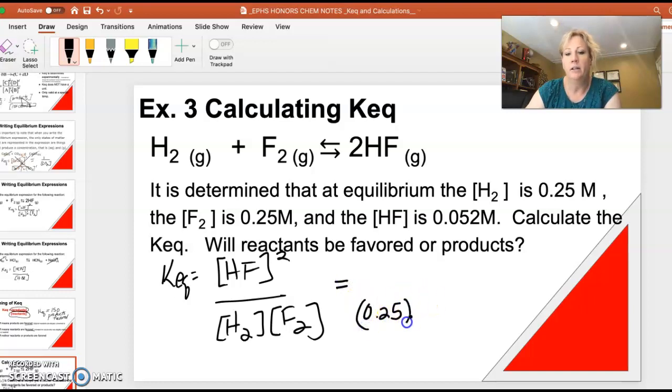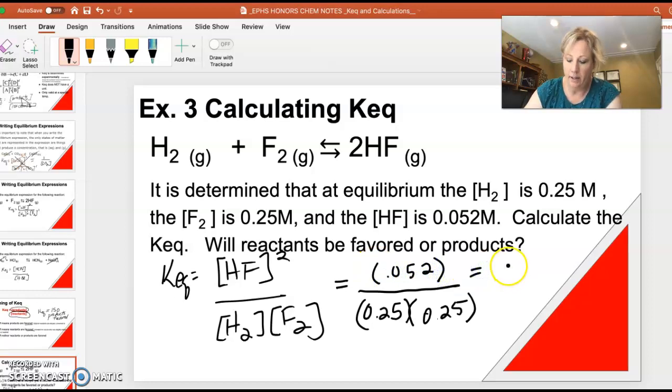I'm not even going to include my units because I know that KQ doesn't have a unit, but I'm just subbing in now to this expression. And then the fluorine is 0.25 and the HF is 0.052. So when I calculate this, I get 0.80.